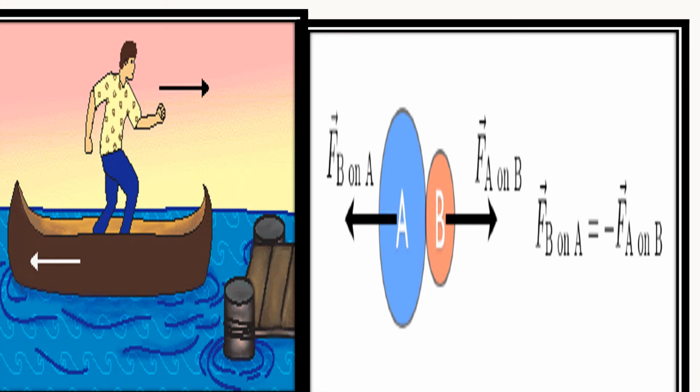So according to the third law of motion, Fa is equal to minus Fb, as you can see in the figure. So what does the negative sign represent? It represents that Fa and Fb are in opposite directions. So this is all about the mathematical interpretation of the third law of motion.